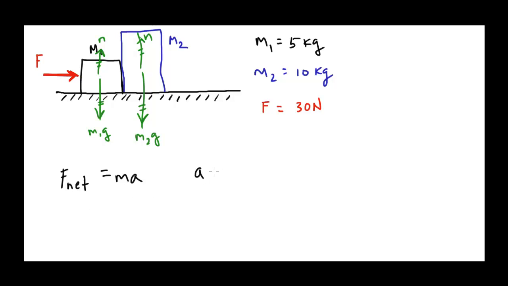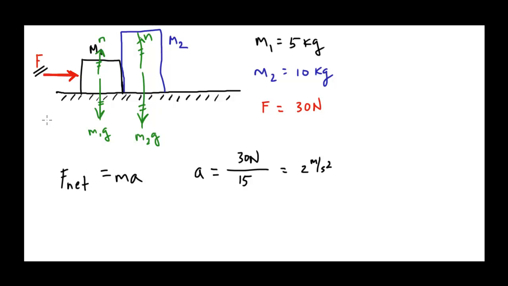The net force in this case is just F, 30 newtons, divided by the total mass of the system. Since both blocks have inertia, this is 15 kilograms. And so the acceleration is therefore 2 meters per second squared. Fairly straightforward problem. The net force is just this applied force because there's nothing working against it, and the total mass is 15 kilograms.